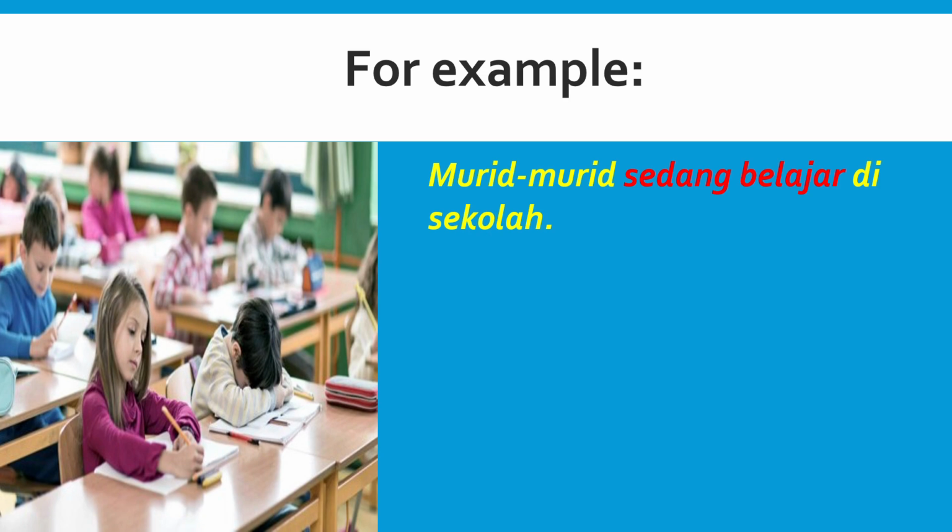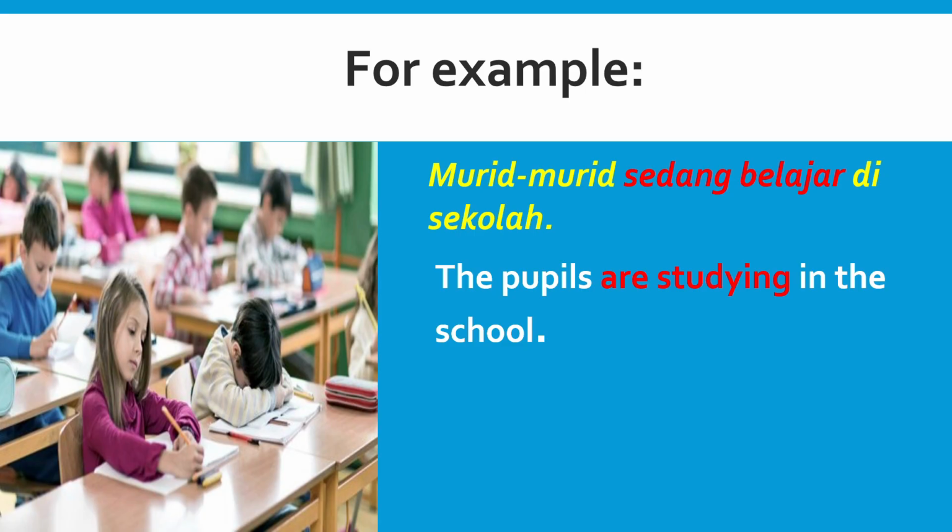In BM, when you read this sentence, you will understand that the event is actually happening now. However, how are we going to write this in English? The pupils are studying in the school. So from here, you can imply that sedang belajar in English means are studying.